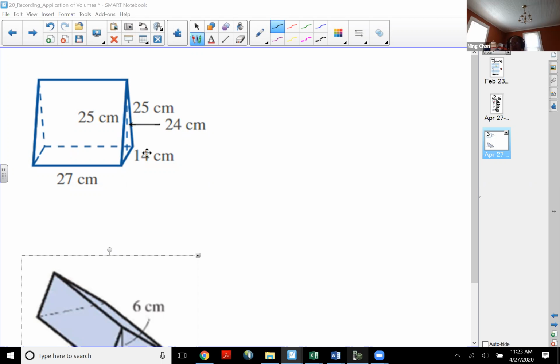What do y'all think? Remember, a pyramid, it's not a cone, it's not a cylinder or sphere.